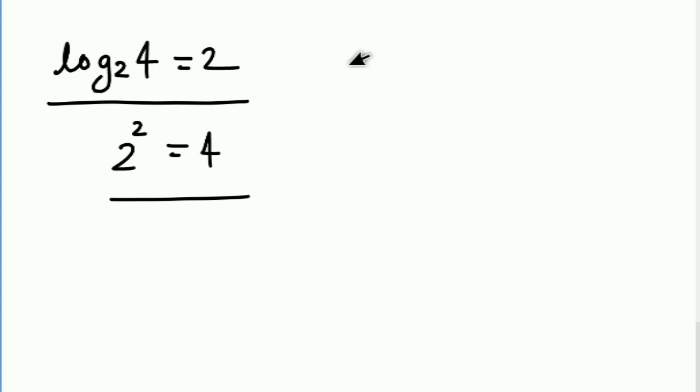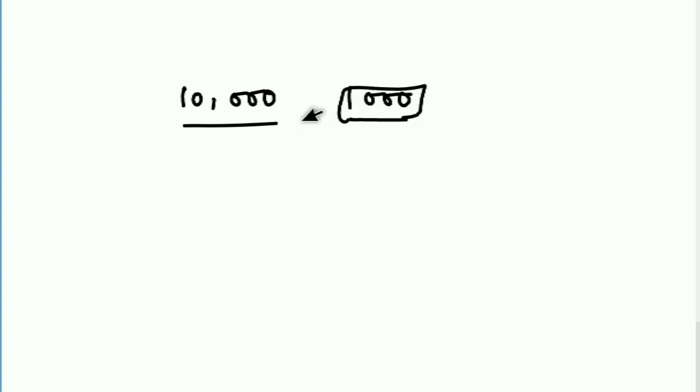So let's see where this logarithmic function is used. This is basically used when your data values are very far away from each other. For example, one data value is 10,000 and one is 1000. If you draw these data values on a graph, the graph becomes diminished, means you can't see the bar graph. So to make these two data values comparable, they convert them into the logarithmic form, using base 10.